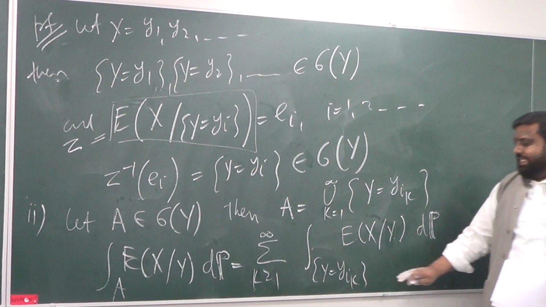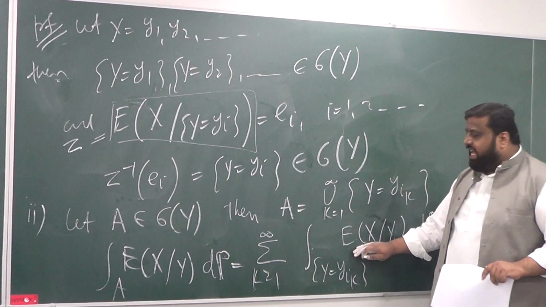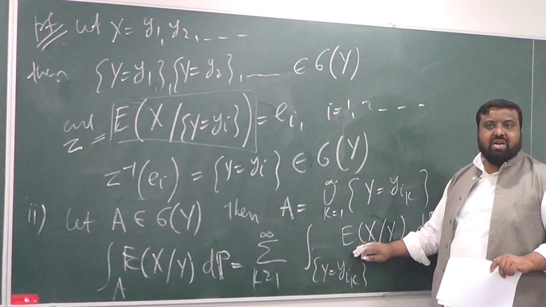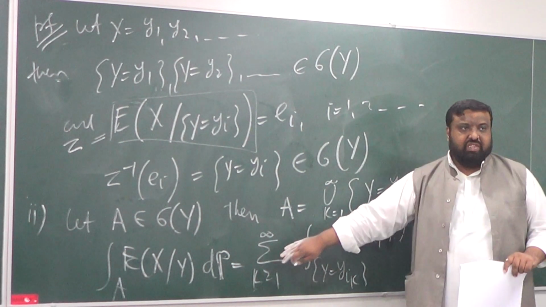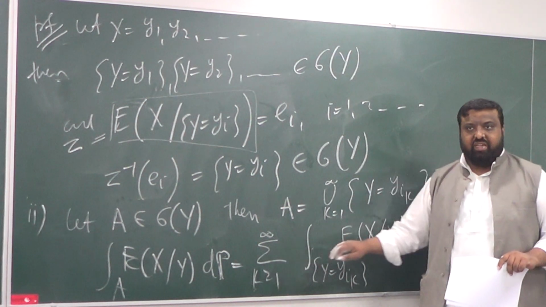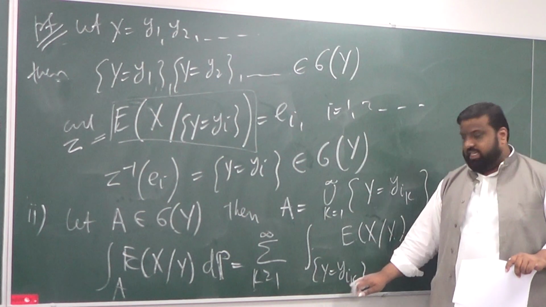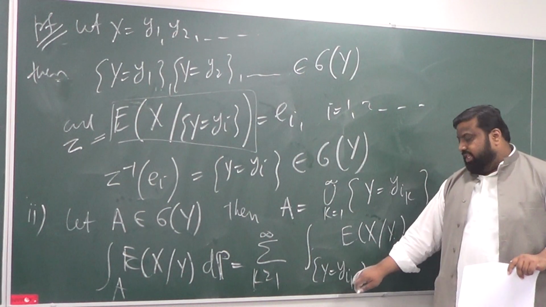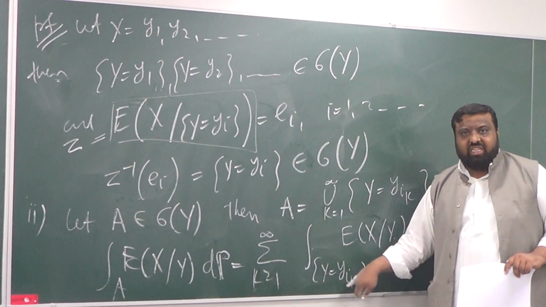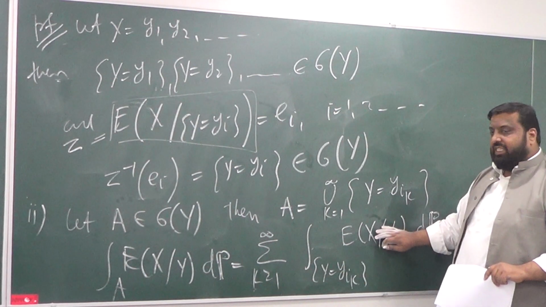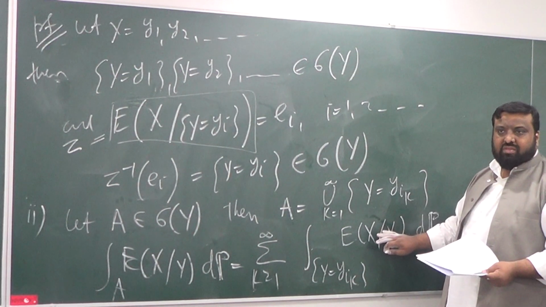Now, on each such event, this guy is fixed. It's one number. So if I wish, I can pull it out of the integral. Why is this a fixed number? Because on each such subset, you take any omega from this event, and operate this onto that omega, you're going to get a fixed number, some constant c.